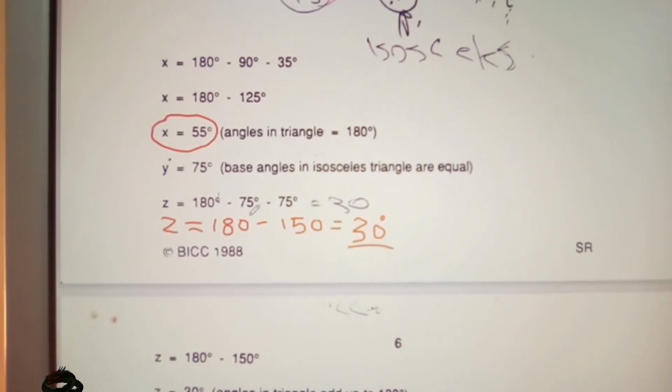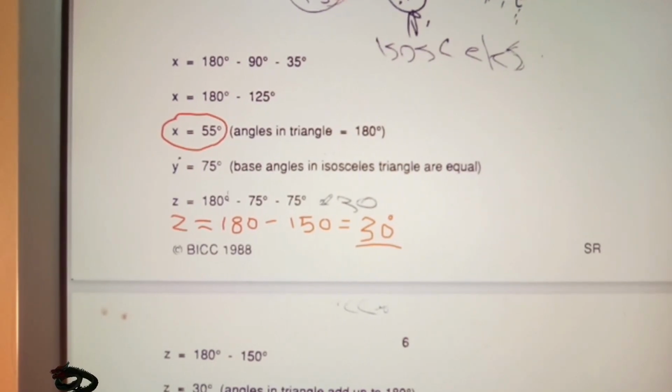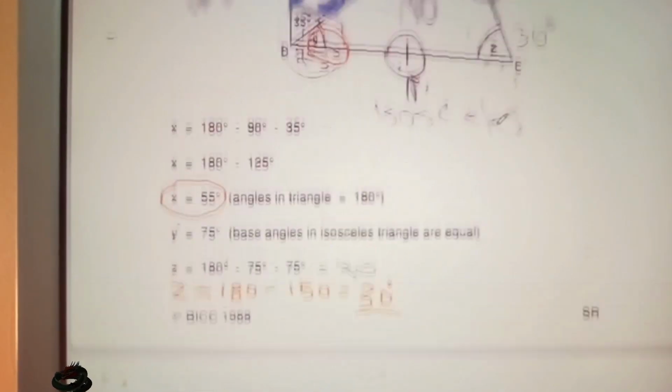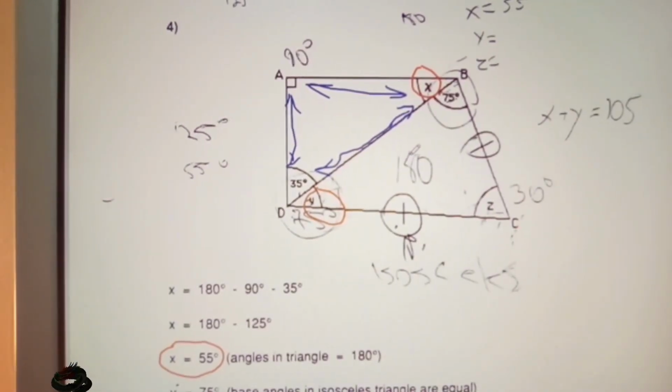And all I've done, I've looked at this in a different way overall, so that we can see how we can find a different way of arriving at the same solution, okay, and this is an isosceles triangle, okay.